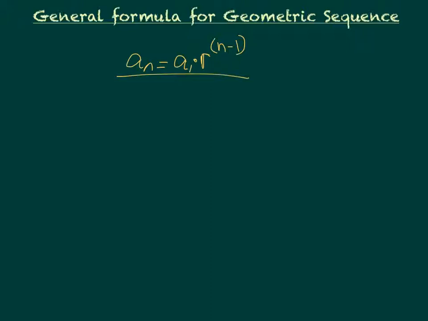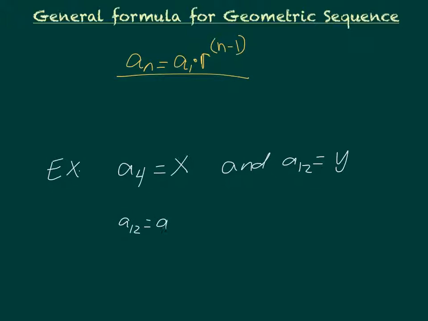And also, if we're not given a sub 1, if, for example, we are given a sub 4 equals x, and a sub 12 equals y, just for example, then what we would want to do is put it in the same way as we did before, and we would just say a sub 12 equals my a sub 4 times my r to the power of, instead of n minus 1, 12 minus 4.